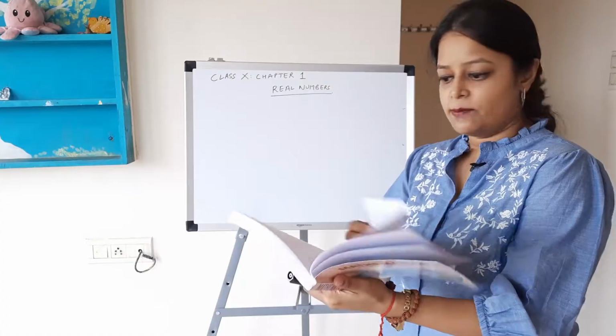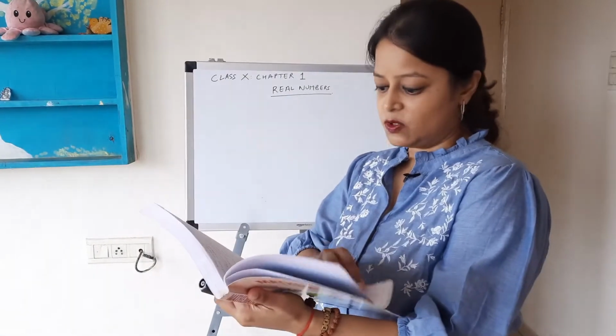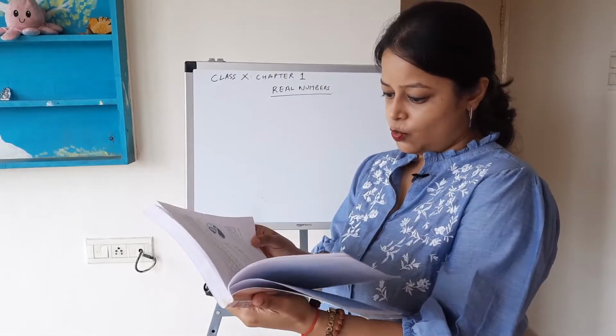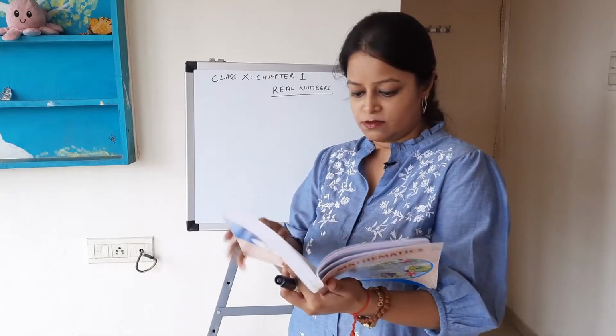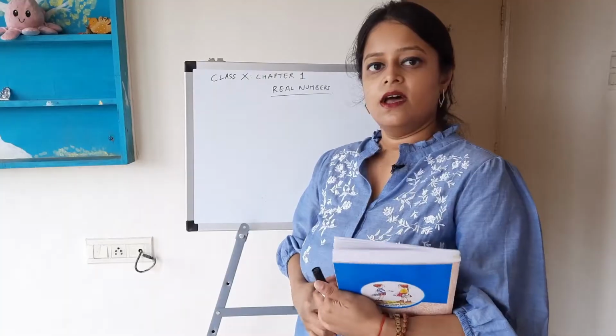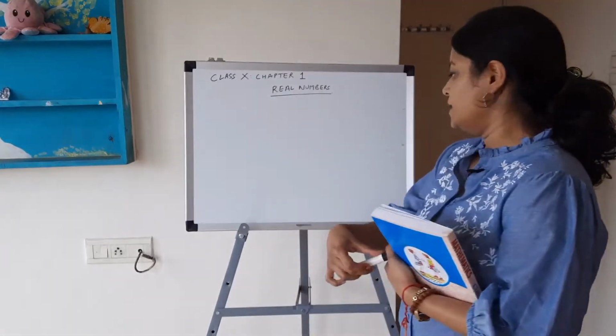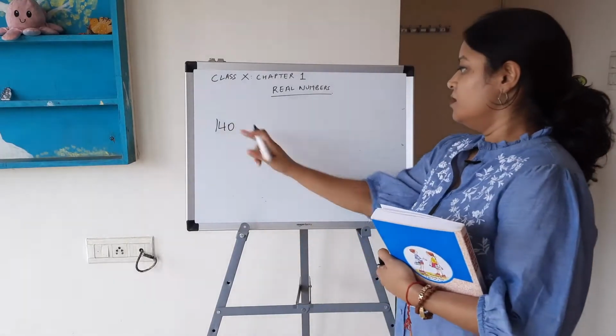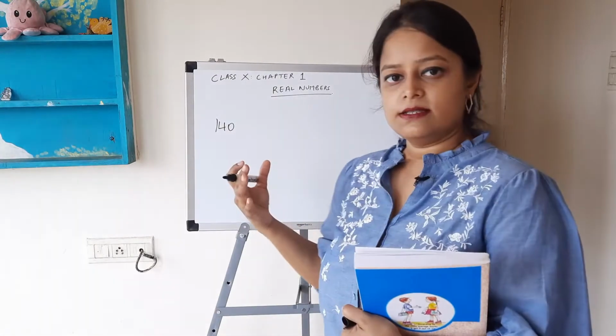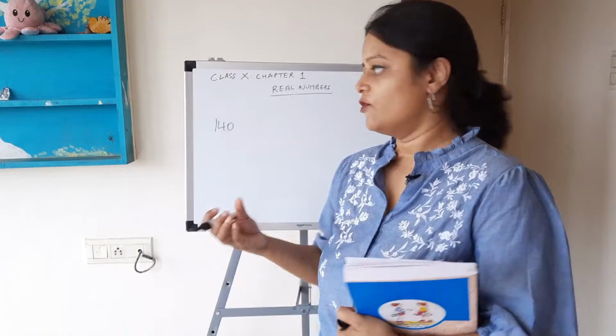So let's take an example from the textbook itself. We can go to exercise 1.1, and I'm just taking an example here so that we solve the exercise as well as I help you understand. So the number is 140, right? We already have done this in our previous classes, LCM, HCF and all of that.